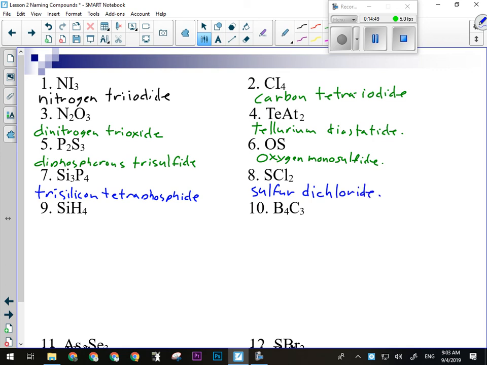For number 9, I've got silicon again, this time with hydrogen. Is hydrogen acting as a metal or a non-metal here? Non-metal. It's listed second. That's how I can tell this is a molecular compound. So we'll have silicon tetrahydride. And then lastly, I've got tetraboron tricarbide.